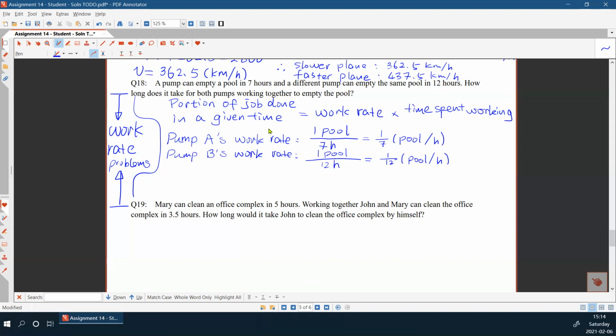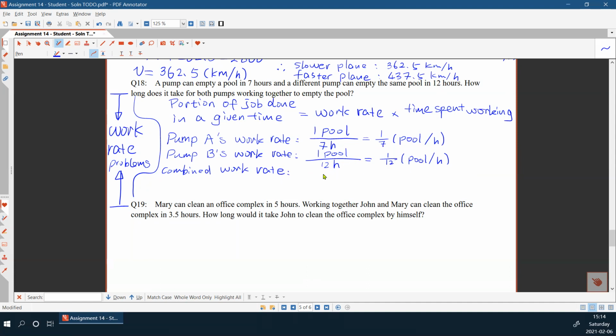Okay, so if we use both of the pumps, the combined work rate is how much? One pump can empty 1/7 pool per hour. Another one is 1/12 pool per hour.